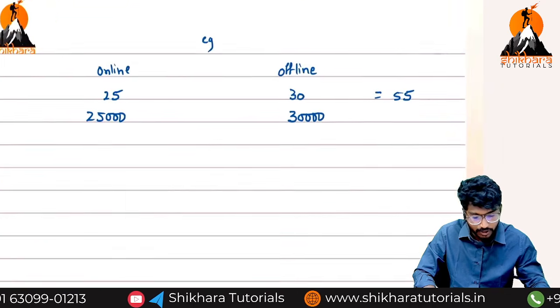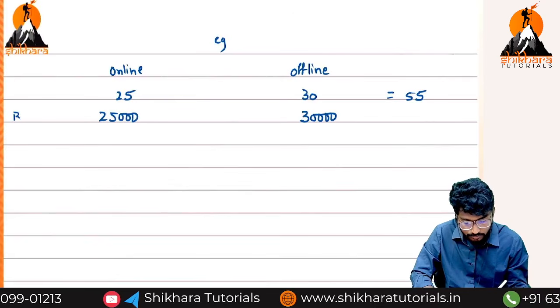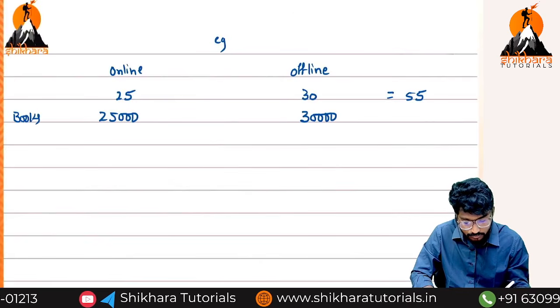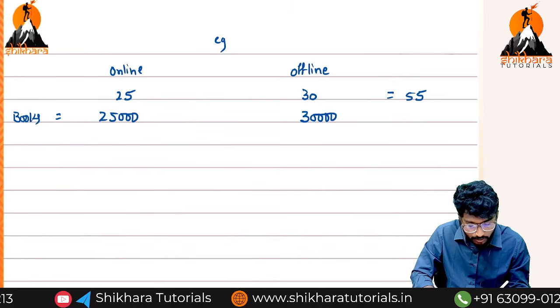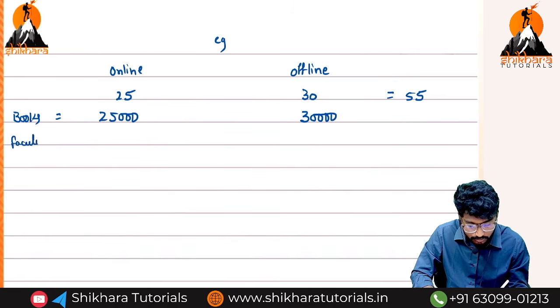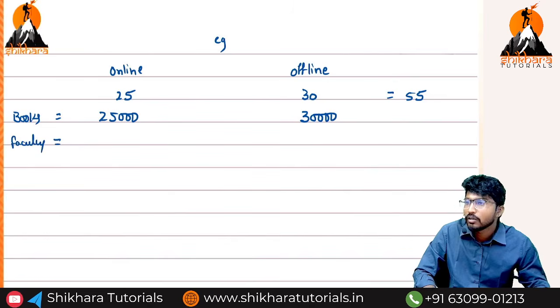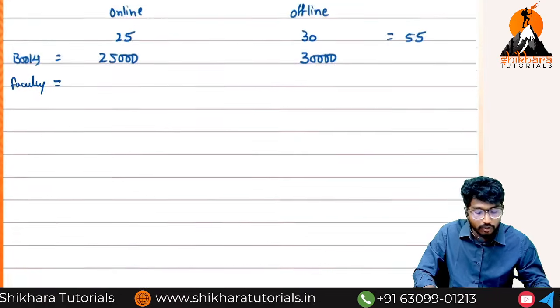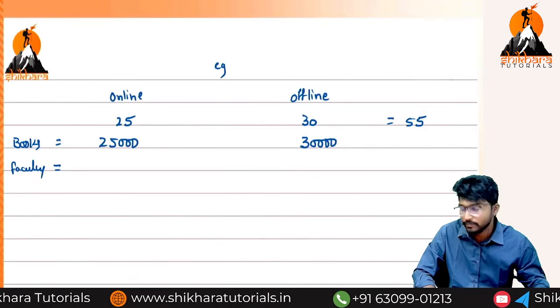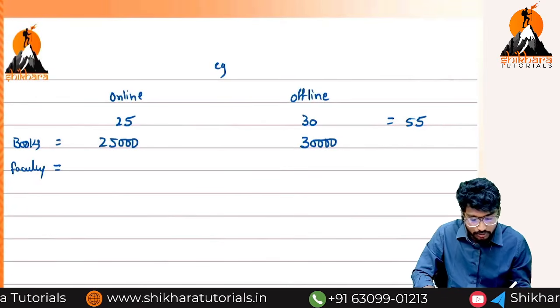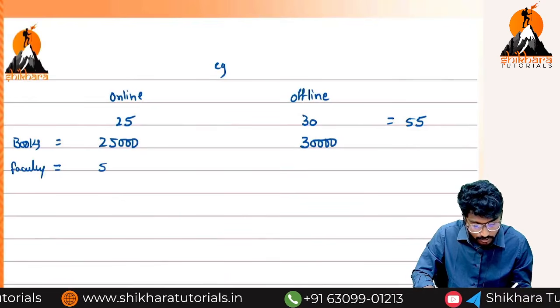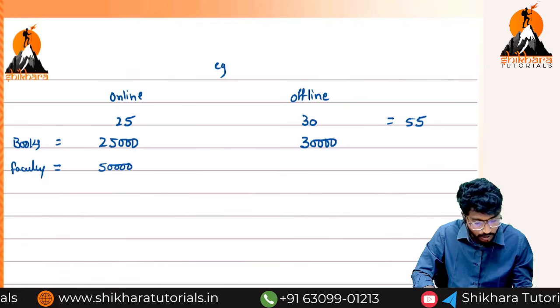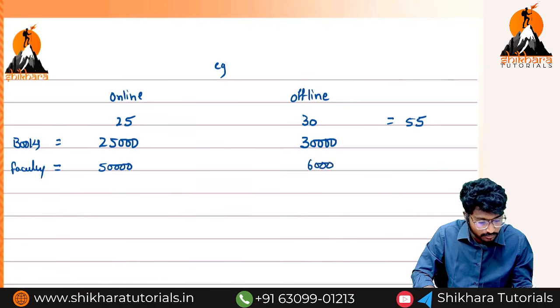Next, faculty. We incurred 1,10,000 for 55 students. For online students it is 50,000. For offline students it is 60,000.